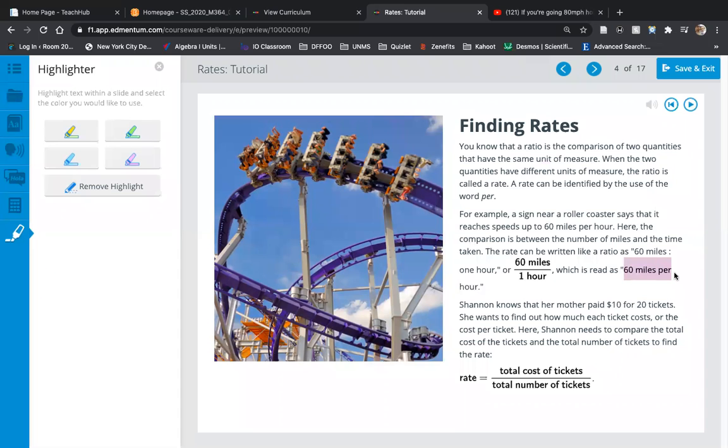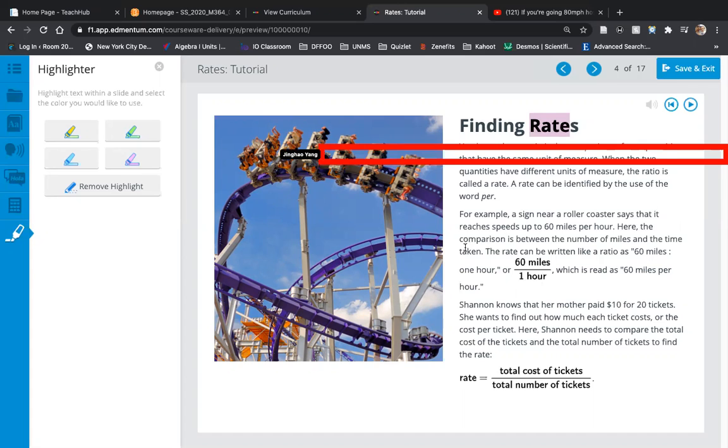But when the units are different, a mile and an hour, those are totally different units. Miles measure how far away something is. Hours measure how long it takes to do something, right? When we have different units, instead of referring to it as a ratio, we refer to it as a rate, right? So rates are really just ratios. Same thing.